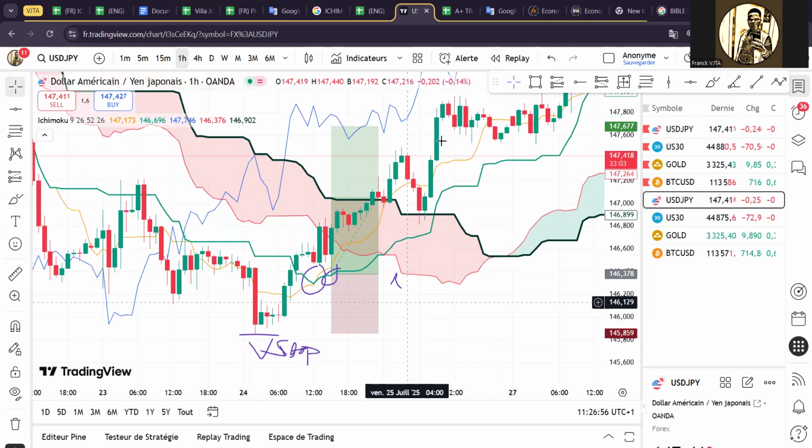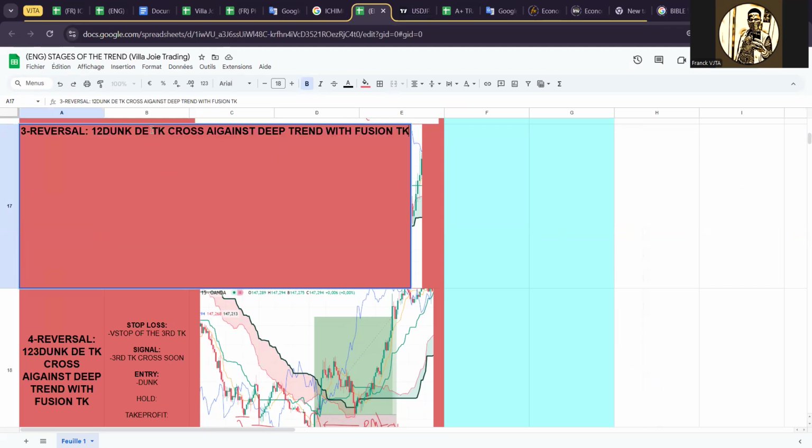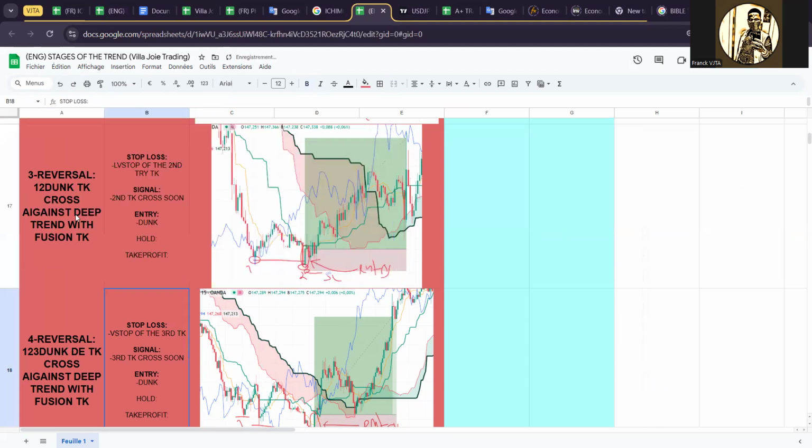So after that, we have another reversal. But this one will be a 1-2 dunk reverse, a 1-2 dunk TK cross against the deep trend. That can happen with the fusion of TK.